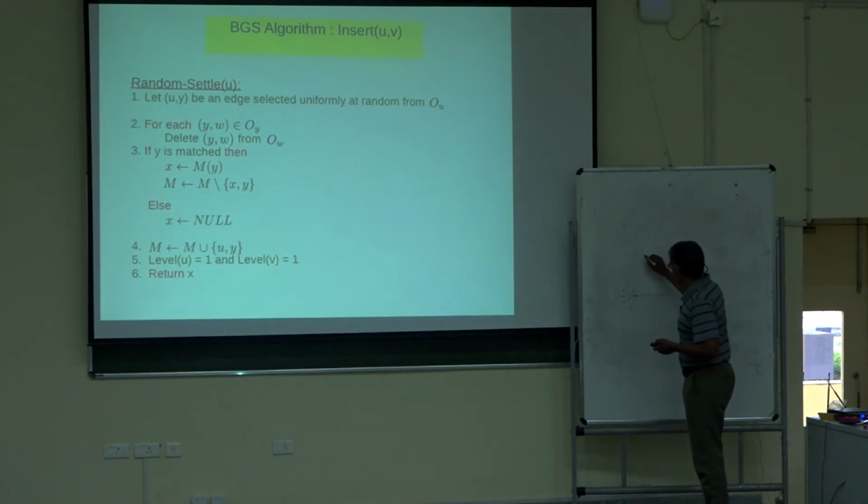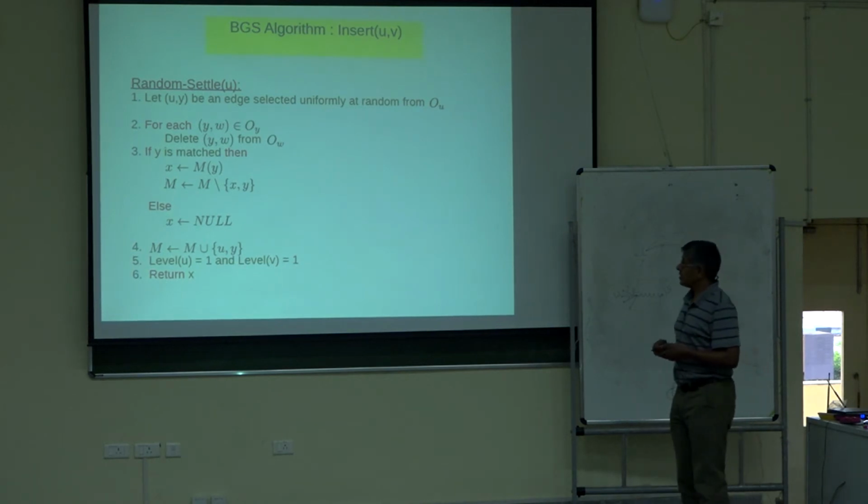So u is here. U selects a random vertex from its ownership list and picks up y.